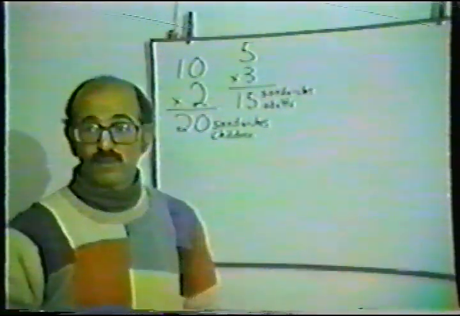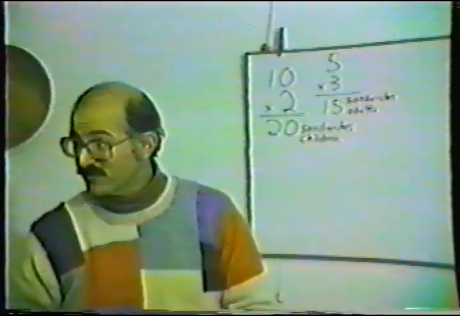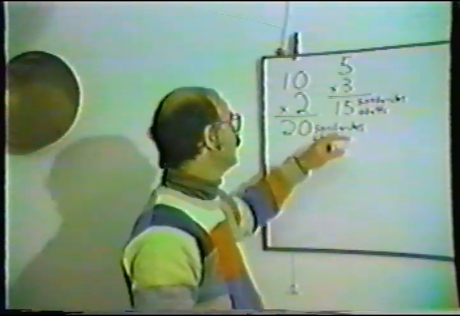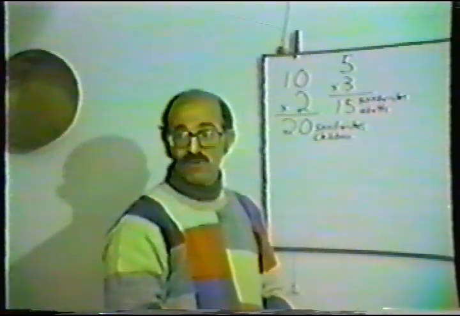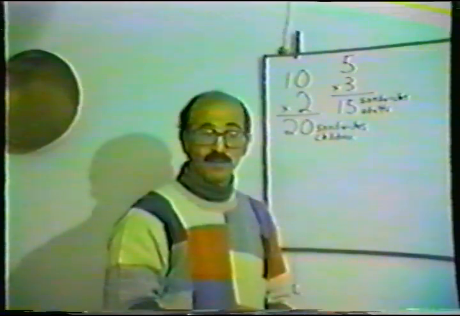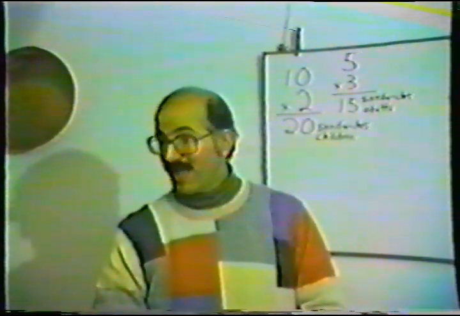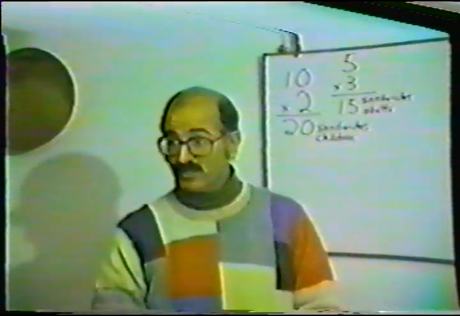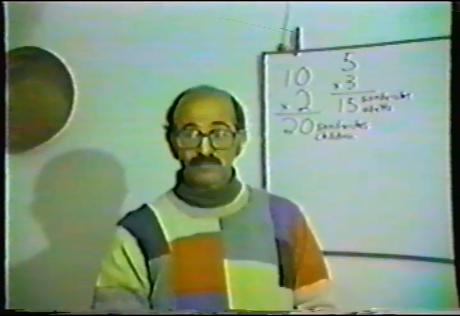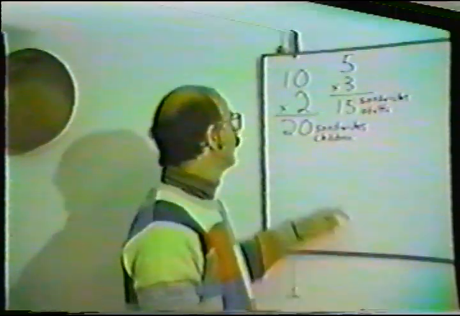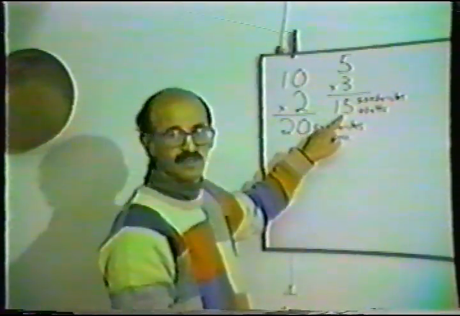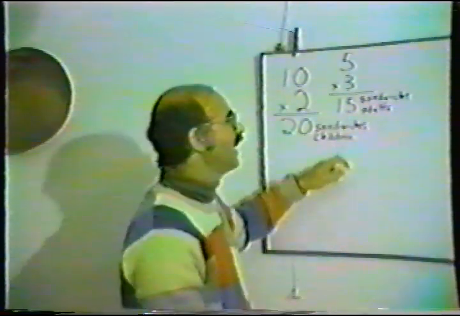Now we know that we have 20 sandwiches for the children and 15 sandwiches for the adults. Maybe now we can figure out how many sandwiches in all. What should we do with these 2 numbers? Add.